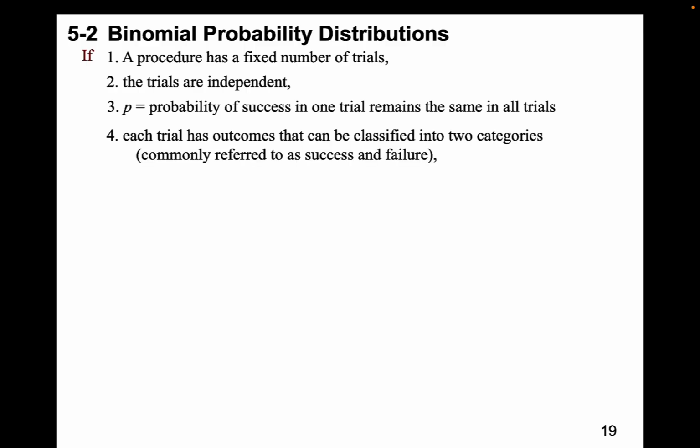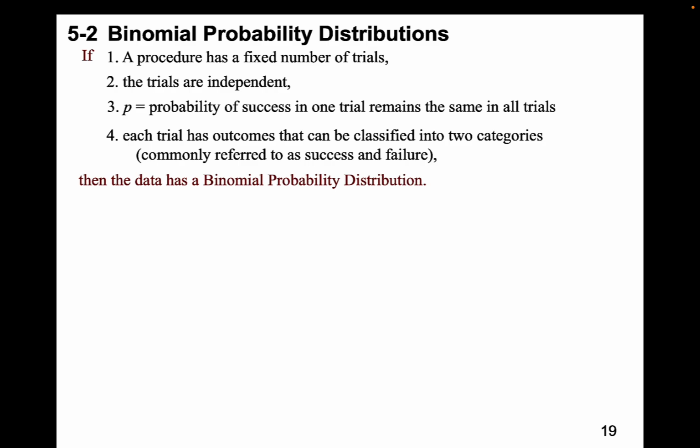And 4, and I think this one's the big one, each trial has outcomes that can be classified into two categories, commonly referred to as either success or failure. If all of those conditions are met, then the data has what we call a binomial probability distribution.